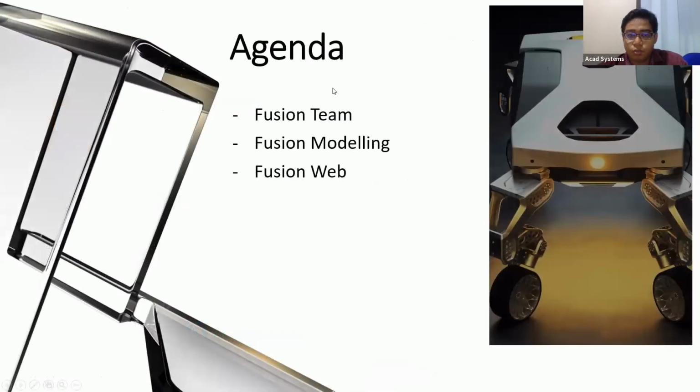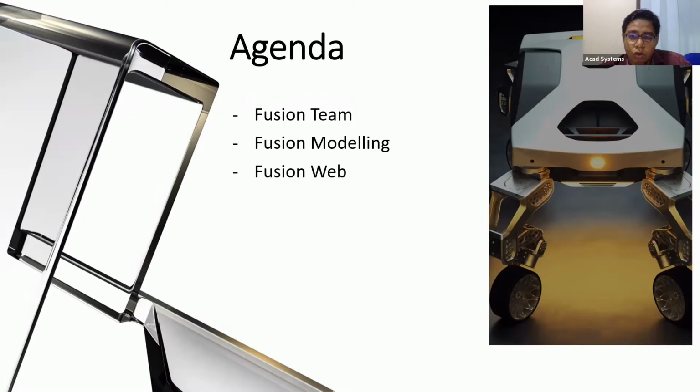Right, so this will be the agenda that I will show you. The first thing is I'm going to take a look at the Fusion team. Basically, when you want to save your folder or the model location, we have this Fusion team. Then we have the Fusion modeling.